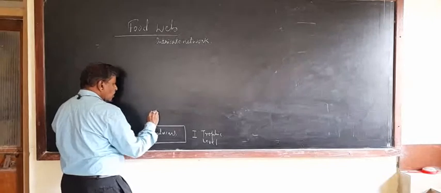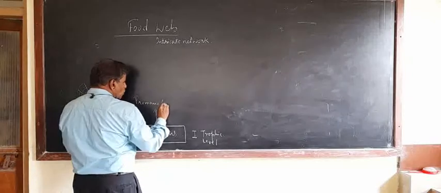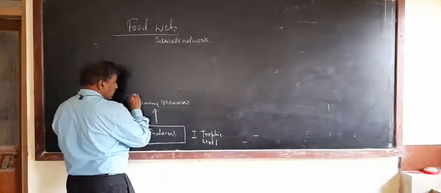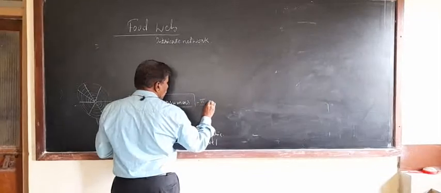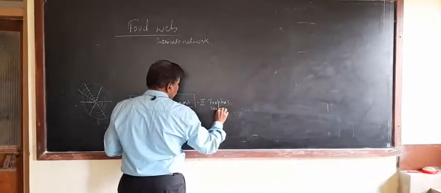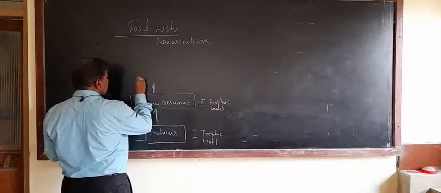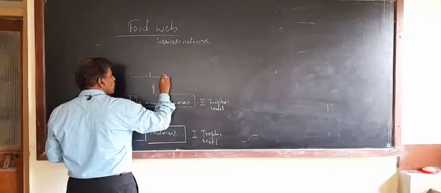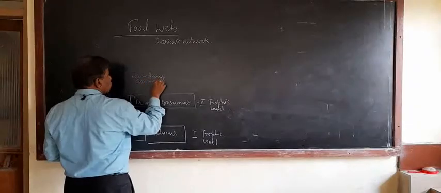Then transfer of food occurs from producers to primary consumers, and these primary consumers form the second trophic level. Then primary consumers are giving up their food to the secondary consumers.